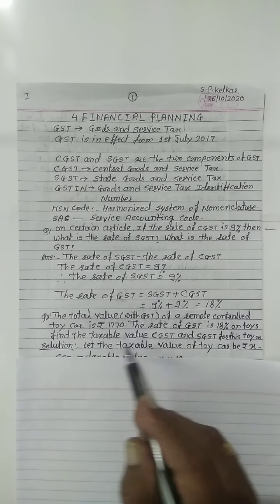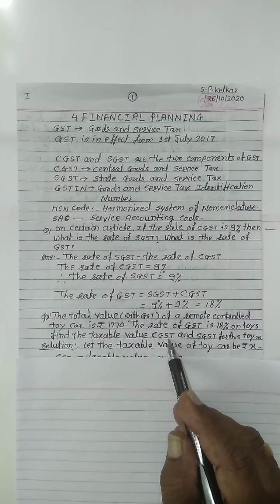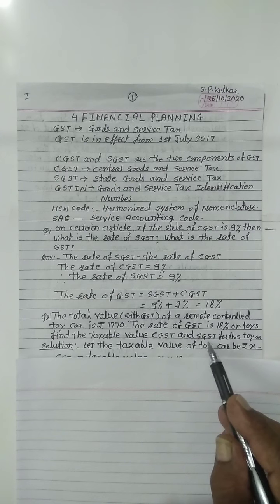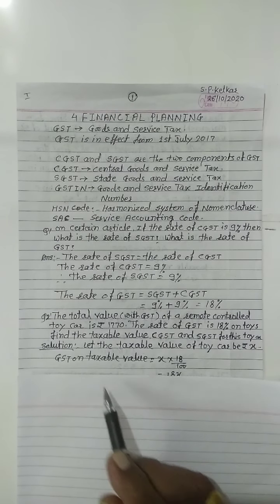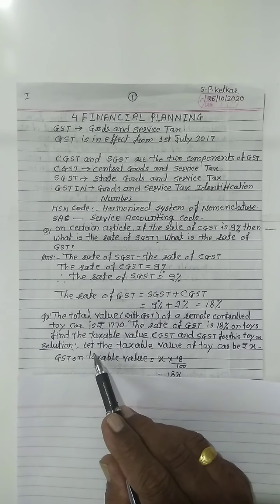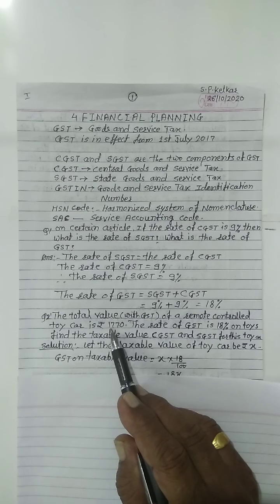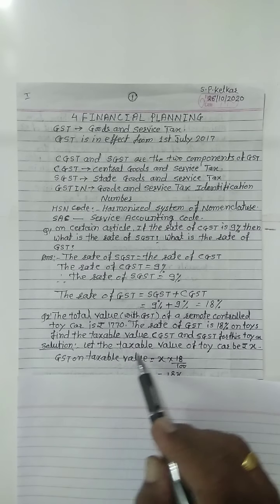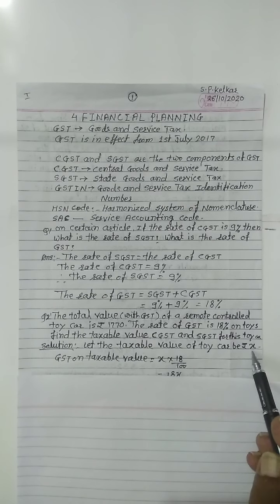Find the taxable value and CGST and SGST for this toy car. Solution. Now we consider the taxable value. This value is the total value with GST. Let the taxable value of the toy car be rupees x.